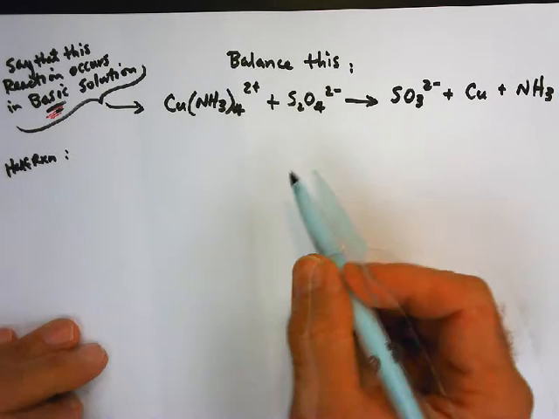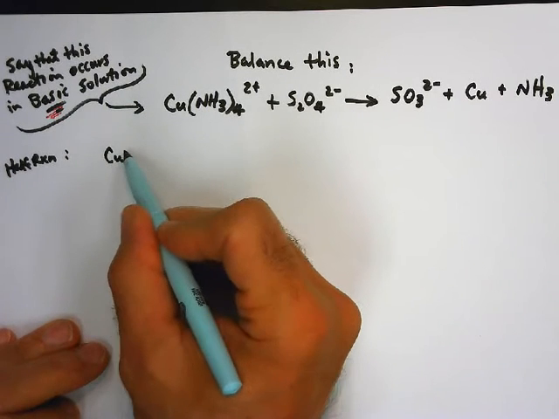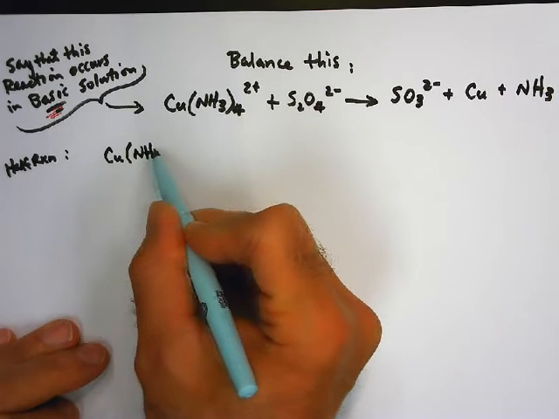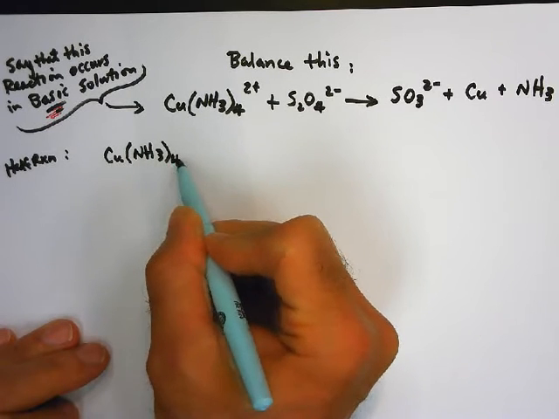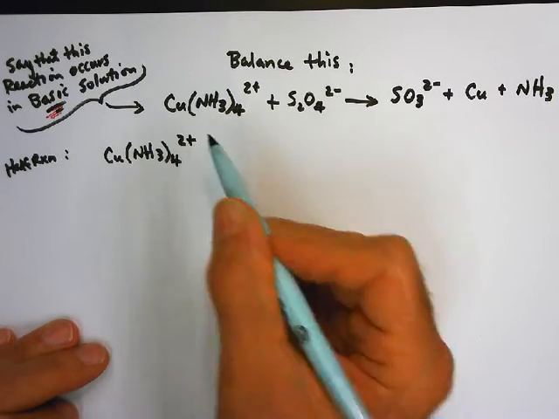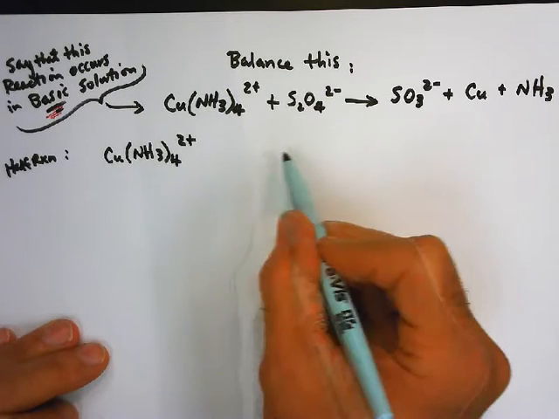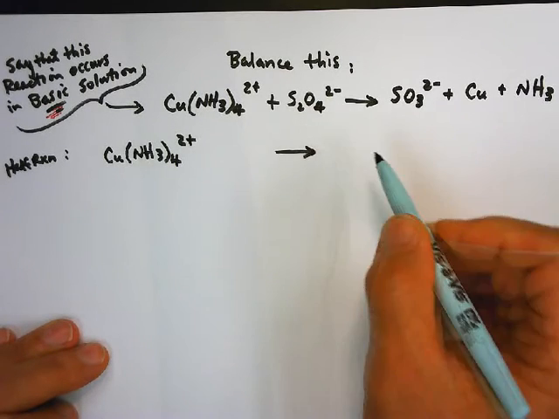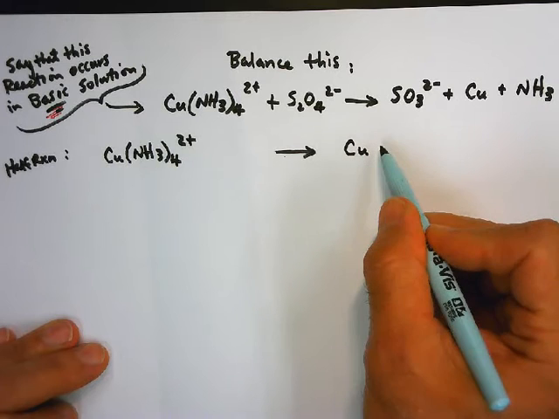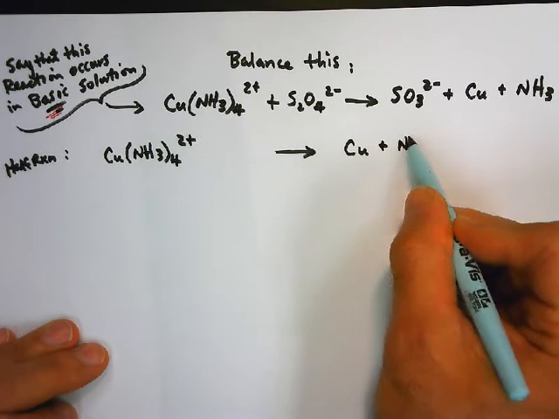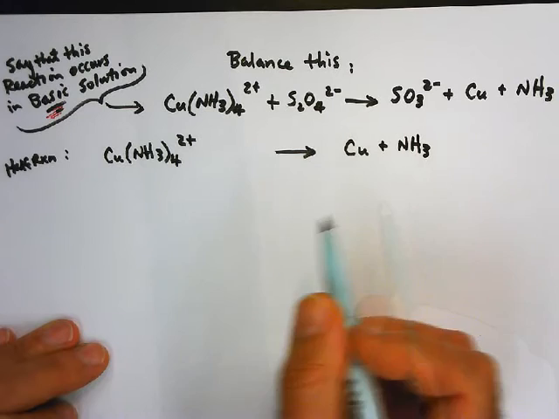So one half reaction would be Cu(NH3)4 with a +2 charge total. And then on the right hand side of this half reaction we end up with copper, Cu, and ammonia, NH3.